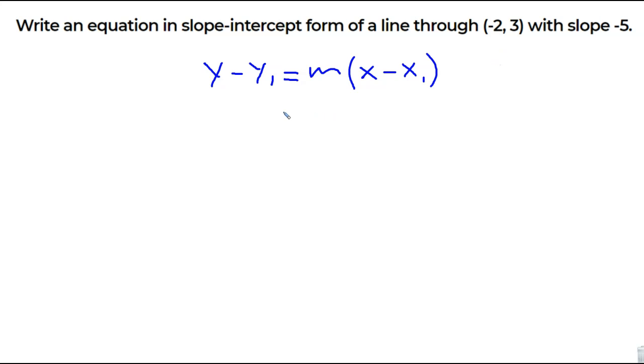Okay, filling this in then, we have our slope is the negative 5. And then for the x minus x1, we'll go x minus the negative 2, so we'll flip that over to a plus 2. And on the left for the y minus y1, we'll say we have y minus the y coordinate 3.